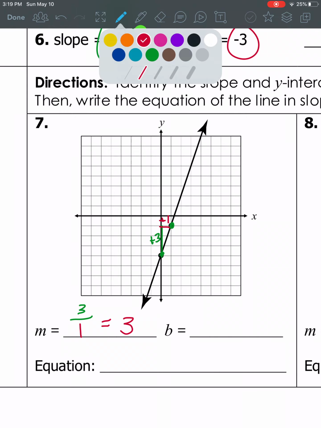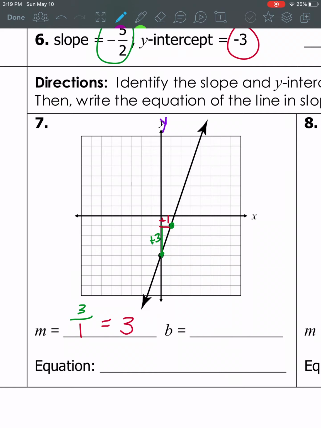Our y-intercept, I'm going to do this one. Here is our y-axis. So here we're finding, where does this line cross the y-axis? Well, when I do that, here is the y-intercept, or the b value. Okay? So this is, we start at 0 and we just count either up or down.